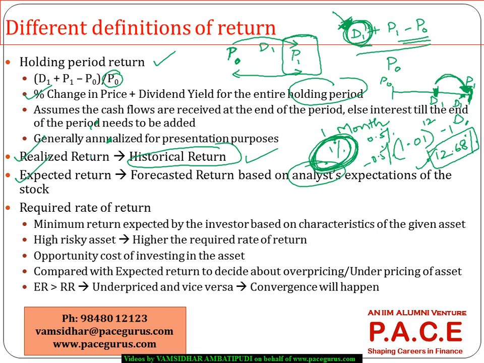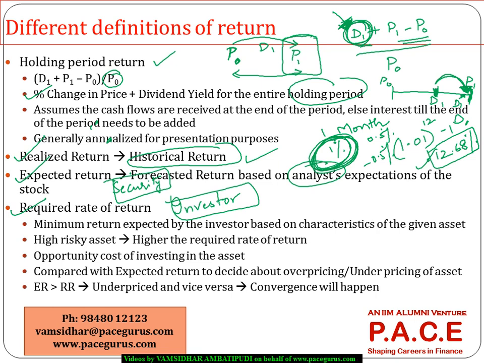Then another important definition of a return is the required rate of return. Required rate of return is purely looked at from the perspective of the investor. Expected return is primarily looked at from the perspective of the security, the security's performance. Then that is what results in an expected return.